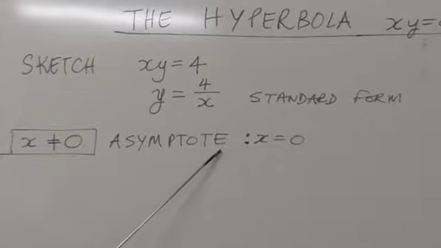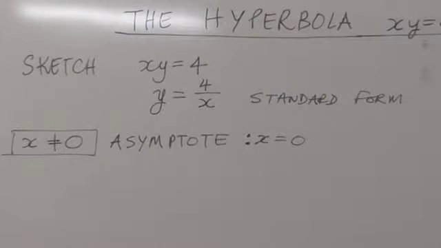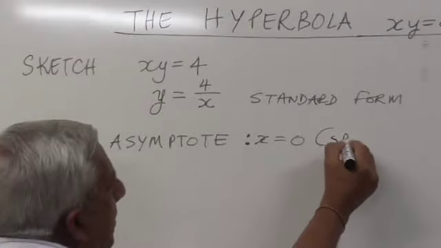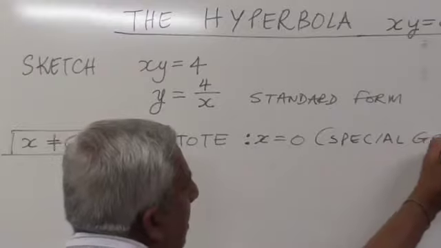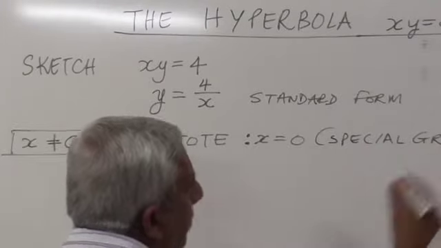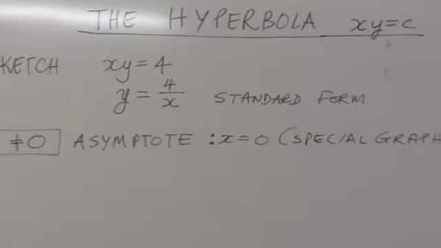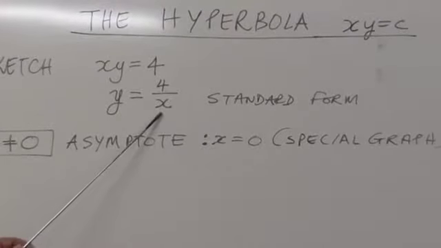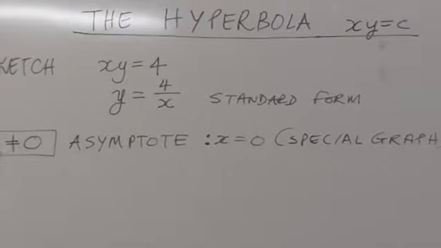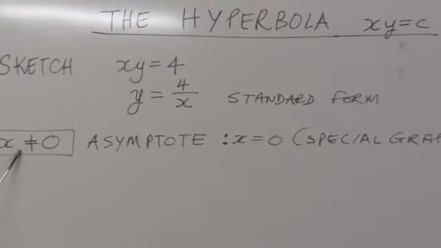And asymptote, as you can see, it's a straight line graph. It's a special graph which we learned when we were doing straight lines. So the asymptote itself is another graph on its own. Alright, so that's the x asymptote. You can see straight away from the denominator, x cannot be used, x cannot equal to 0.